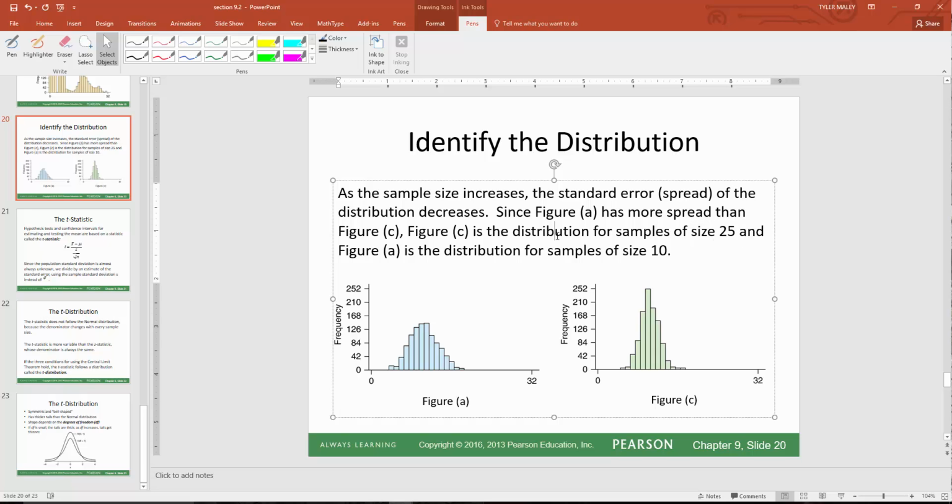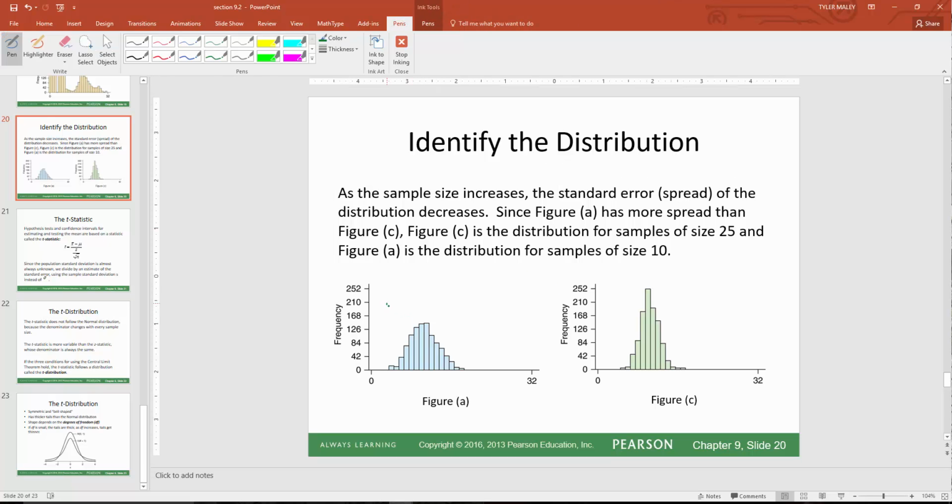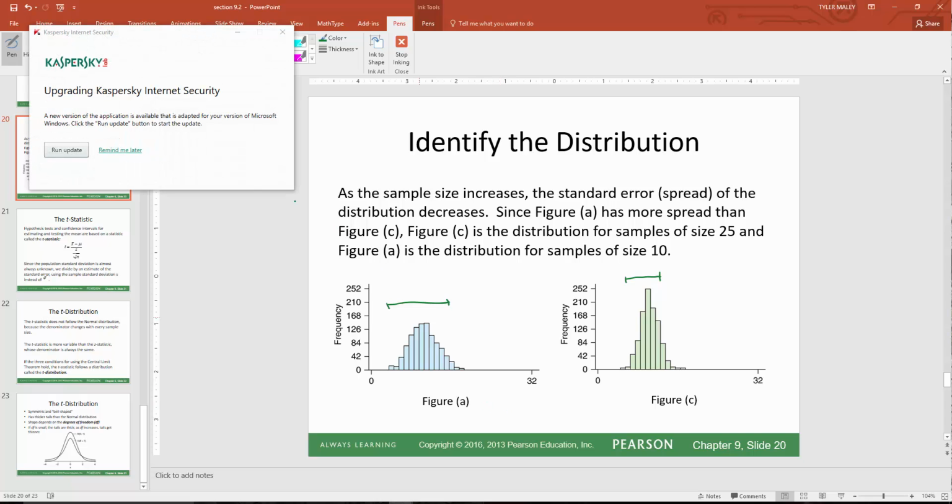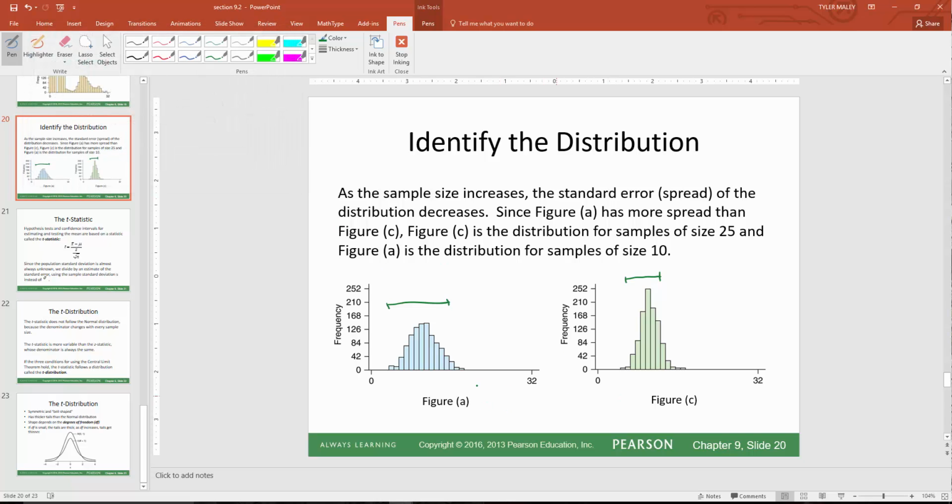So figure C. Let me just write this here. This has more spread than this one. So if I let x be the standard error over here, and y equal the standard error over here, x is going to be bigger than y.